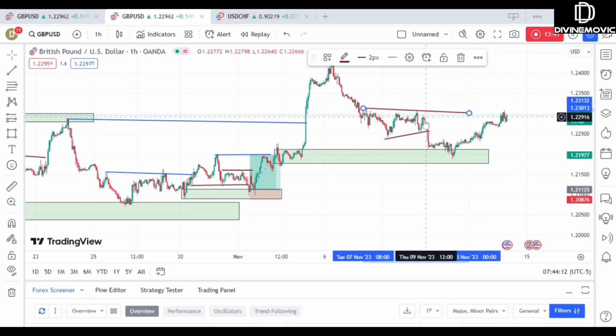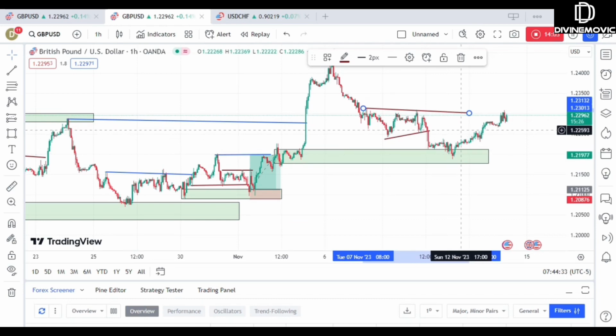Now what I'm waiting for is for price to take out any of this liquidity here. First, would price take out the buy side liquidity before it goes to take the downside liquidity? What I could see was price first of all took out the downside liquidity and then sat very inside my point of interest. Price just got to my point of interest, so I didn't even waste time to take this trade.